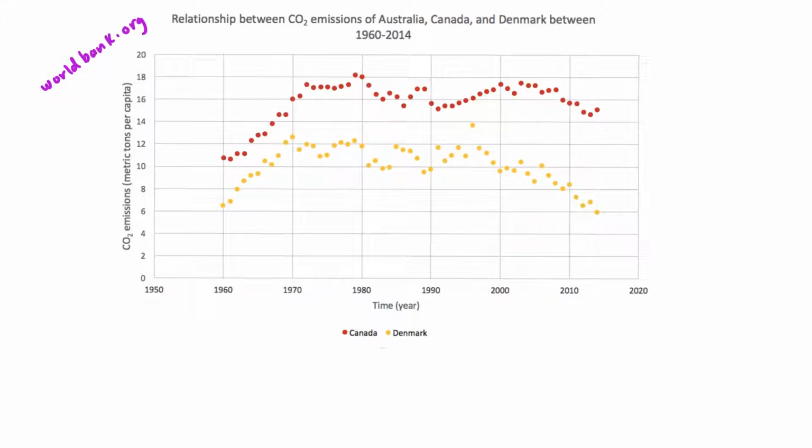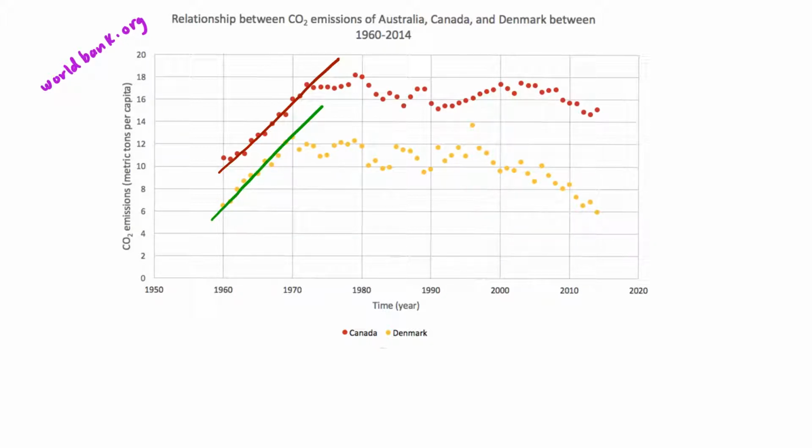Now, we can see that in both of these countries, Canada and Denmark, there was a rise in carbon dioxide emission between the years of 1960 and 1970. If I were to draw a line of best fit here, it would look like this. And if I were to draw it for Denmark, it would look like this.